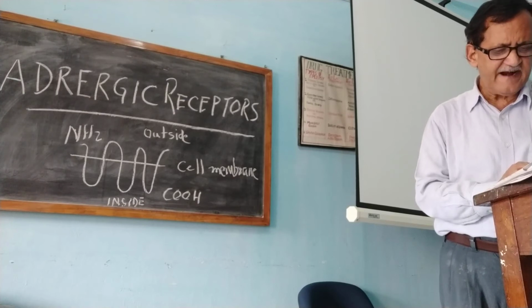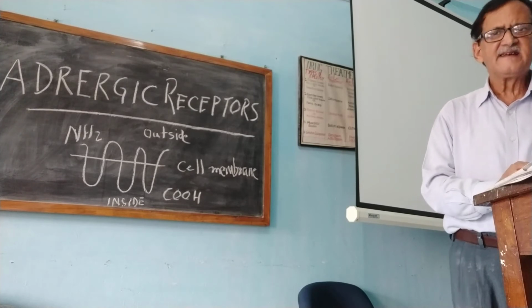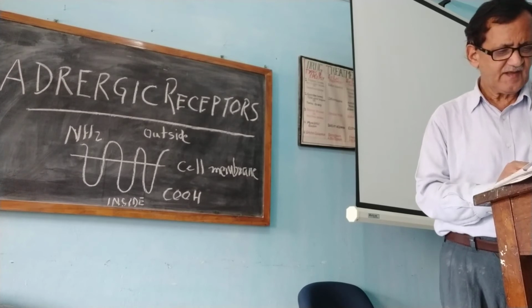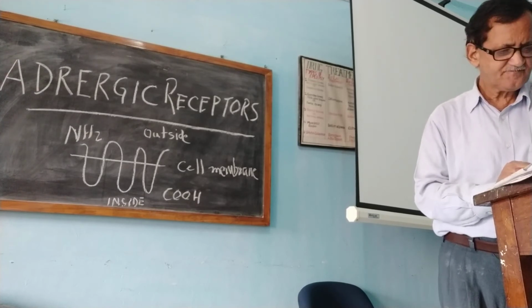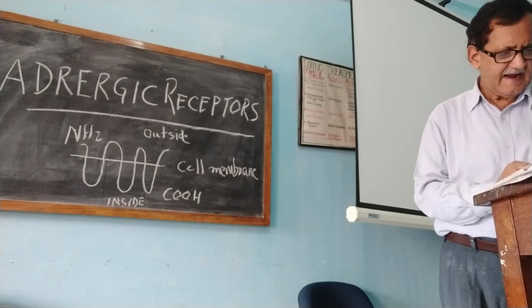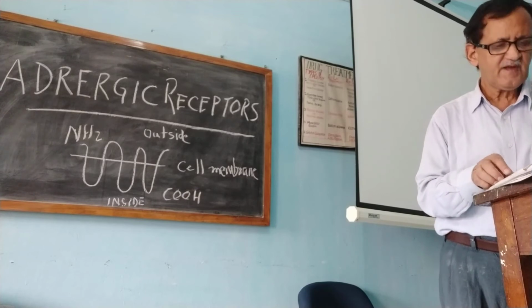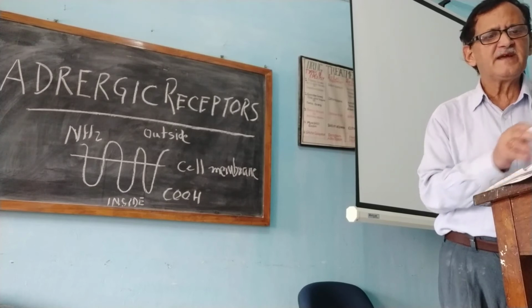Upon fat cells, it leads to decrease in lipolysis, and thereby there is decrease in free fatty acid. And upon platelets, it causes increase in platelet aggregation. The selective agonist is clonidine and the selective antagonist is yohimbine.